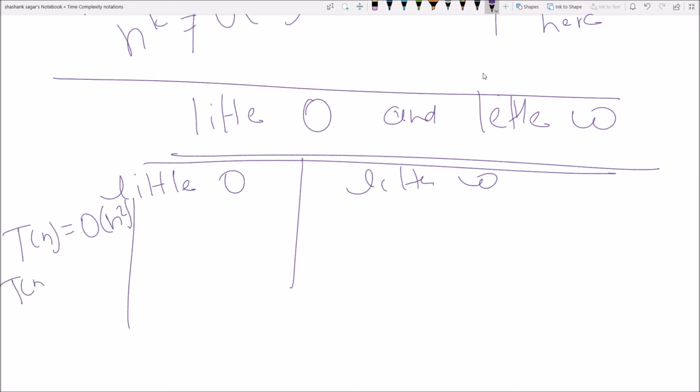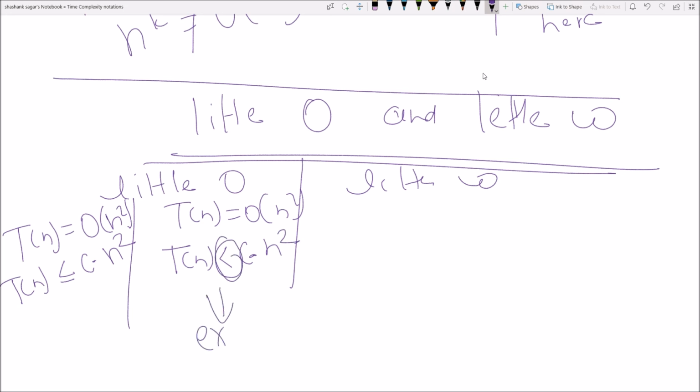We mean that T of n should be smaller than or equal to c times n square, correct? And if we are saying T of n is little o of n square, we mean basically T of n is smaller than c times n square. So as you can see here, this one is exclusive.